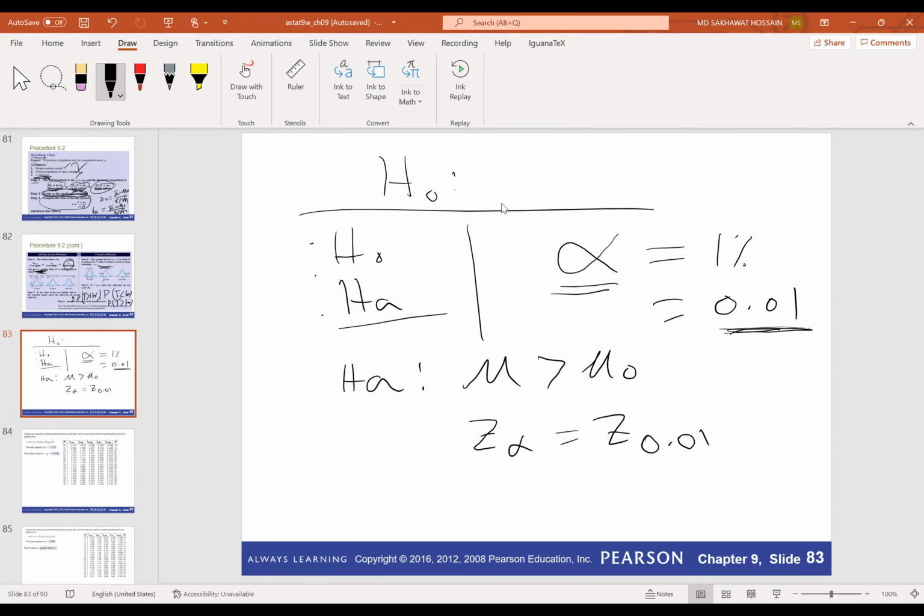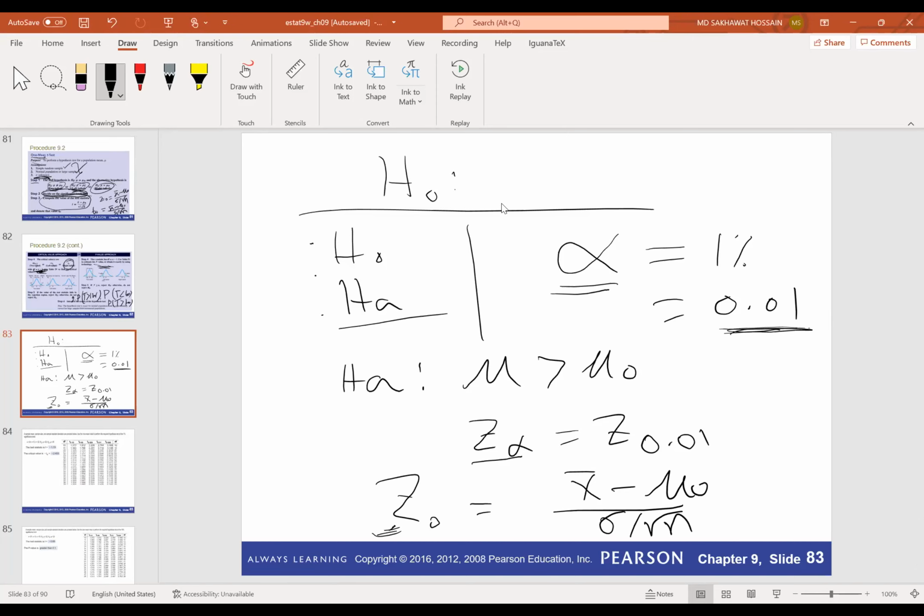Okay, so in the critical value approach, you need to find the test statistic, z observed, z0, which is x bar minus mu0 divided by sigma over square root of n. Okay, so now we have the critical value and you have the test statistic.